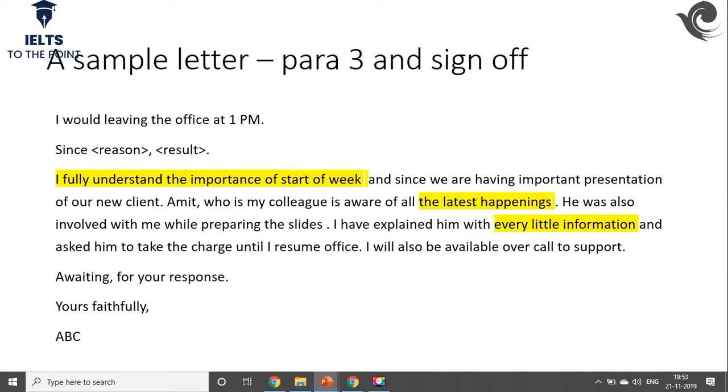Again, every little information is not the way you write in office. That's very inappropriate. You should use some very definite words so that you are able to clearly communicate what is exactly the case.